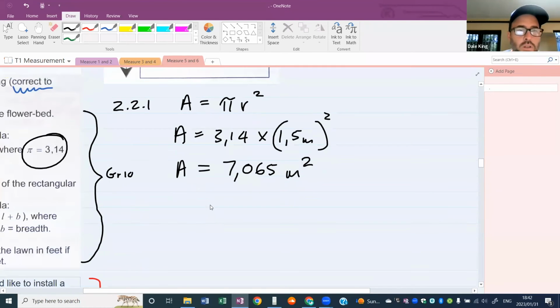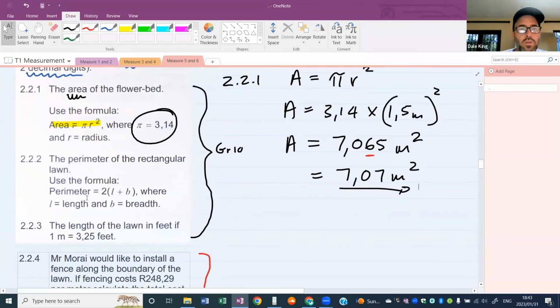The question wanted 2 decimals, so we're going to give them 2 decimals. So we're looking at the 6, the second decimal. Will it change the 5 that's next to it? Yes. If it's 5 and above, it will change the 6. That's going to become 7,07 meters squared. All right, you guys are on the ball. That's question 2.2.1 in the bag.